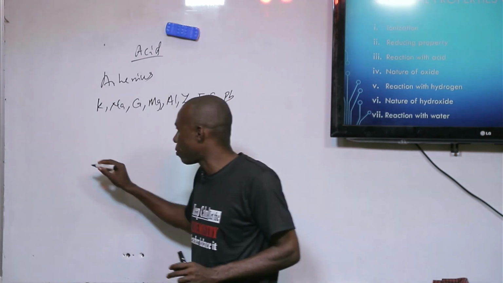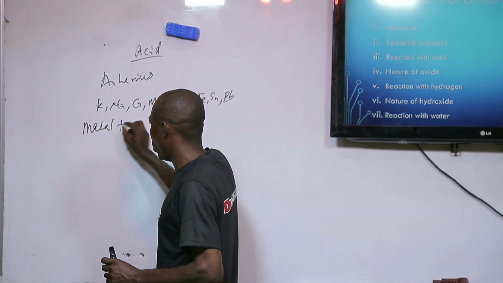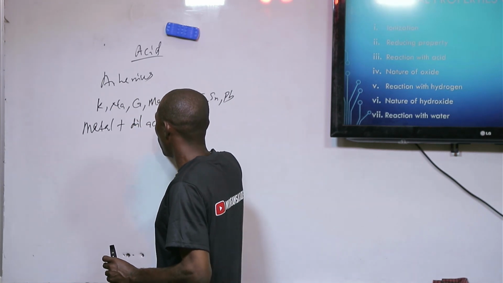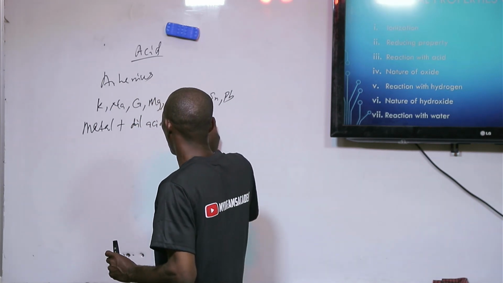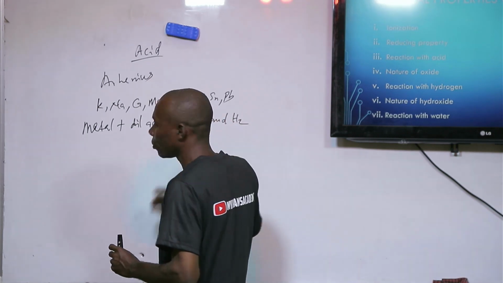So we can have metal plus dilute acid giving salt and hydrogen.